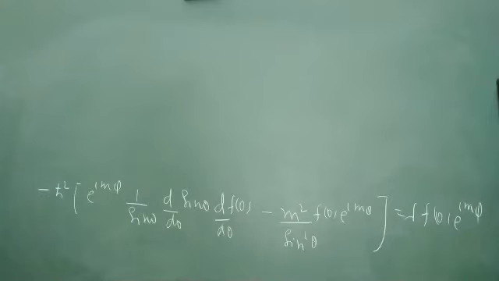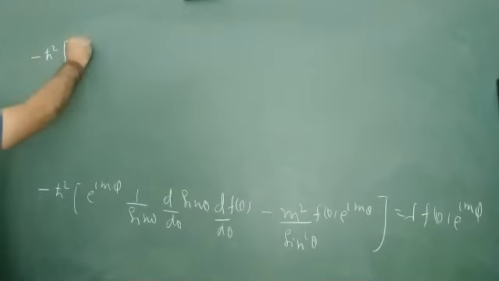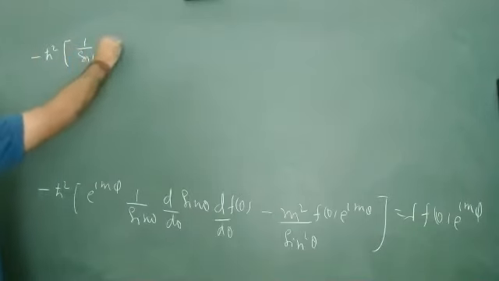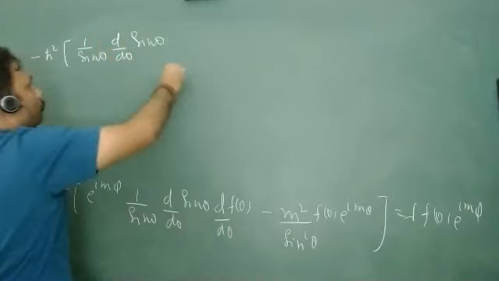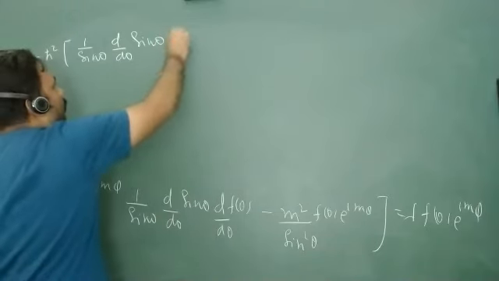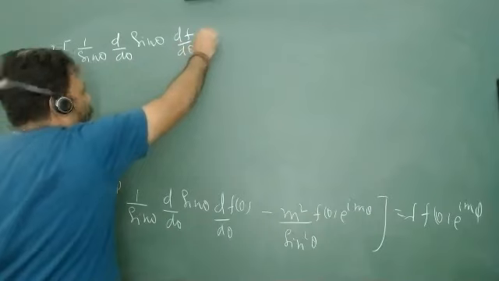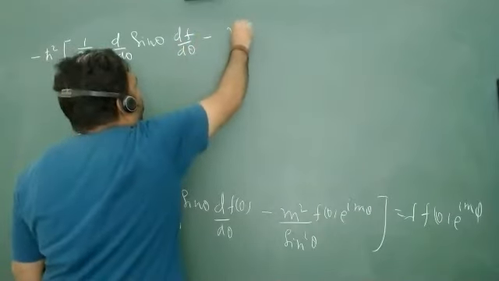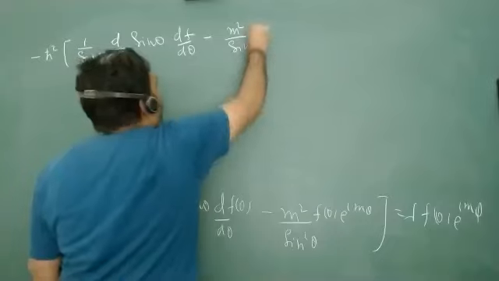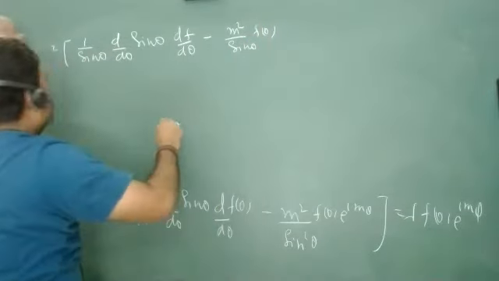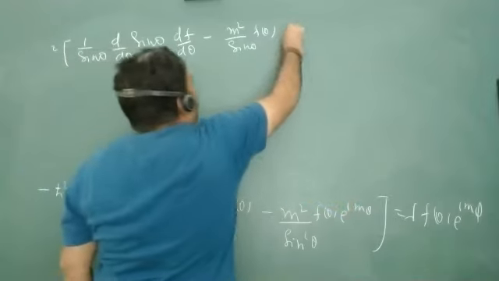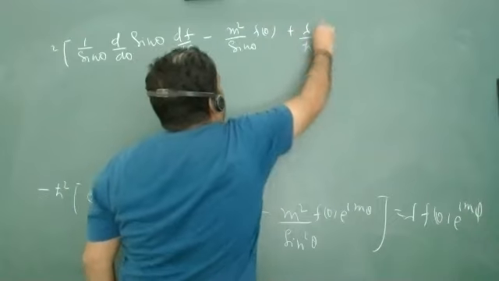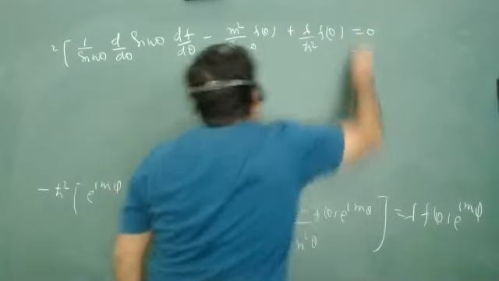So this equation can be written as minus ħ square [1 upon sin θ d/dθ (sin θ df/dθ) minus m square upon sin square θ f(θ)], and this minus sign I will take to that side and combine. So this will be λ upon ħ square f(θ) equal to 0.